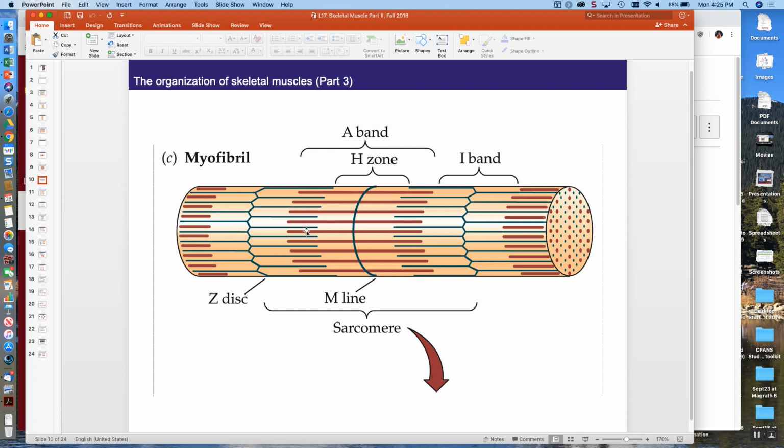This is the contractile unit. Myofibrils are made up of actin and myosin. Just to clarify, the green lines here are the thin filaments, which are actin.